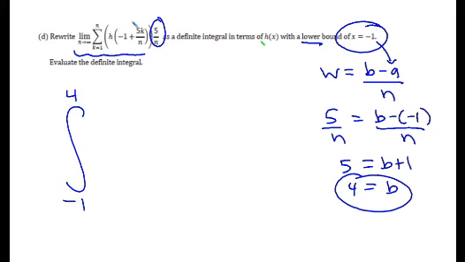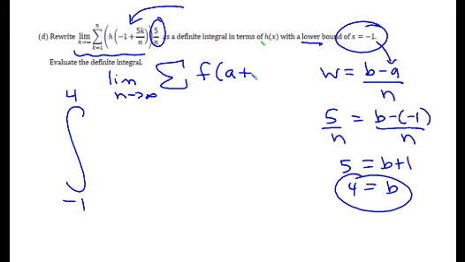This thing in here looks really scary, but in reality, if you come back to our definition, the limit as n approaches infinity of my sum of f of a plus delta x times k, which I showed you a minute ago, times the delta x, you can see that this thing right here is just represented right here.